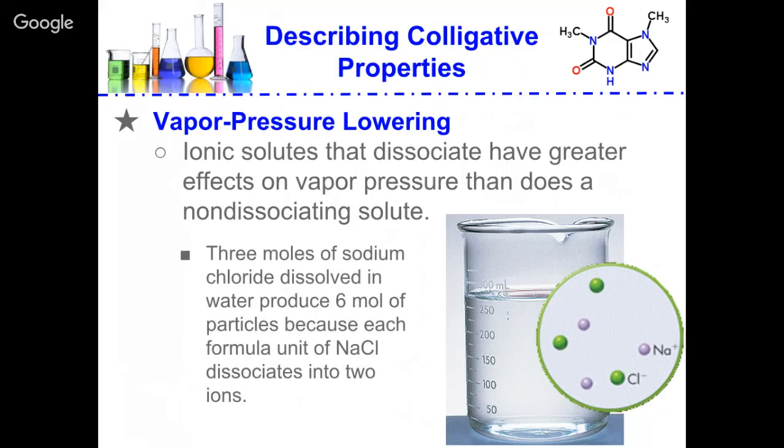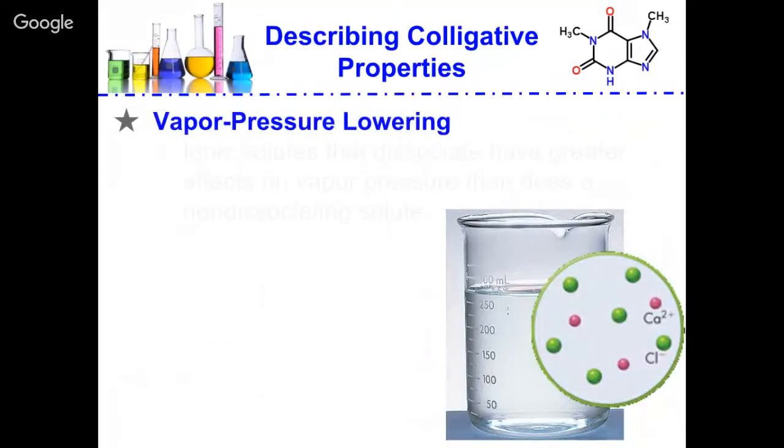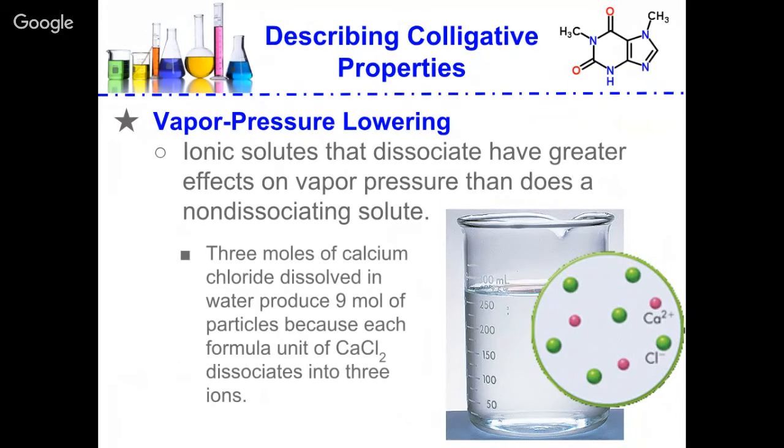So 3 moles of sodium chloride dissolved in water produce 6 moles of particles, because you will have 3 Na+ and 3 Cl-, so that is 6 particles in solution. If you look at calcium chloride, each formula unit contains 3 particles as a whole, 1 calcium and 2 chloride ions.